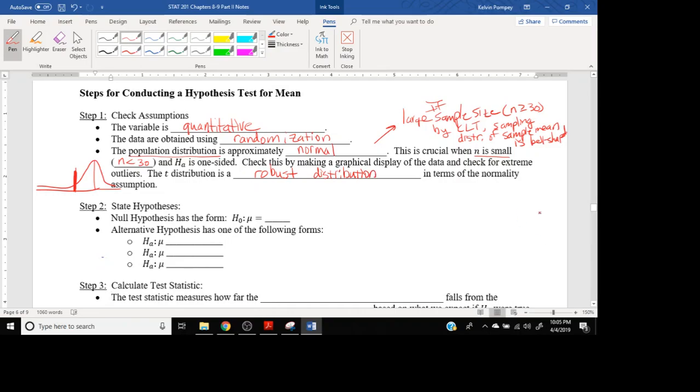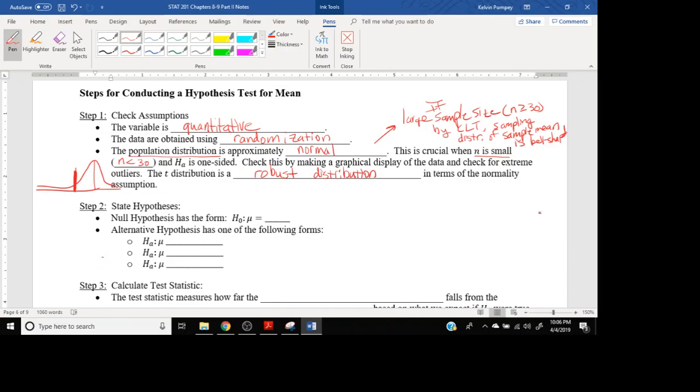All right. So any method that uses the t distribution is robust. That means even though this normality assumption may not be satisfied, the method still works. Statisticians go through a process of studying different scenarios in which a certain method works and when it fails to work.